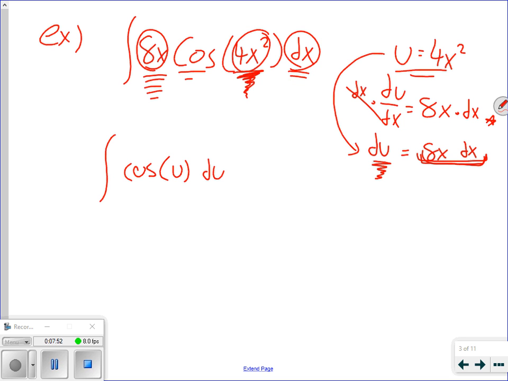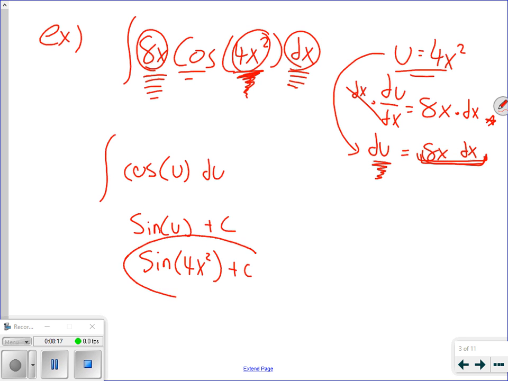I've simplified this problem a lot. And now I can integrate cosine of u to be sine of u plus c. If I substitute everything back in for u, I get sine of 4x squared plus c.